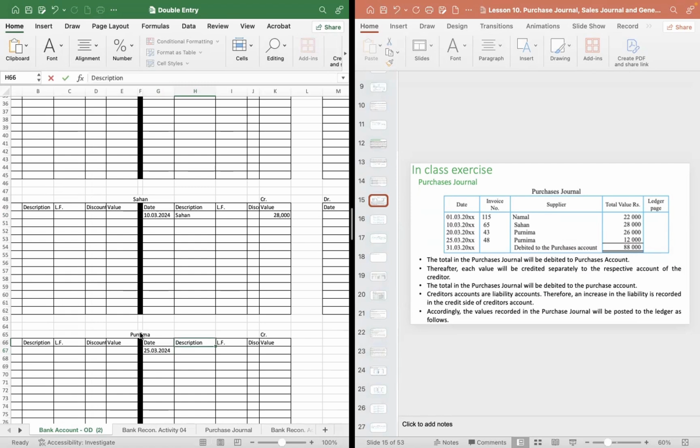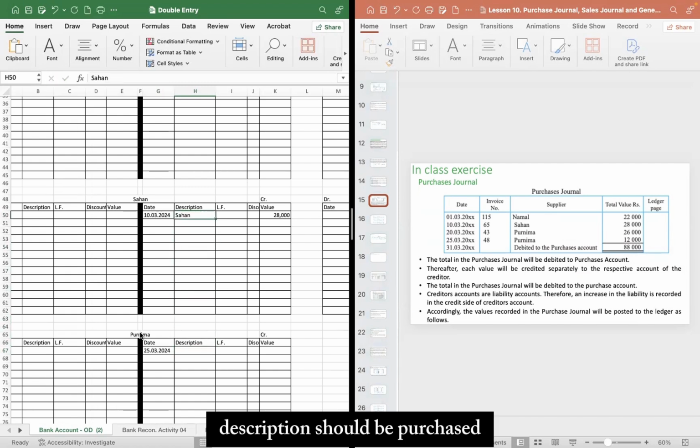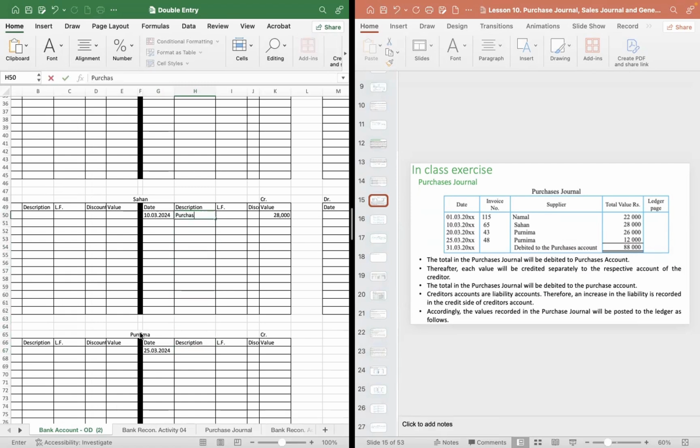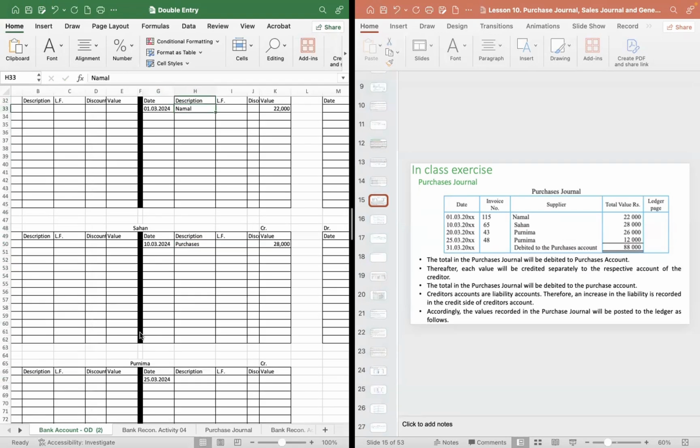Description should be purchases. 26,000.